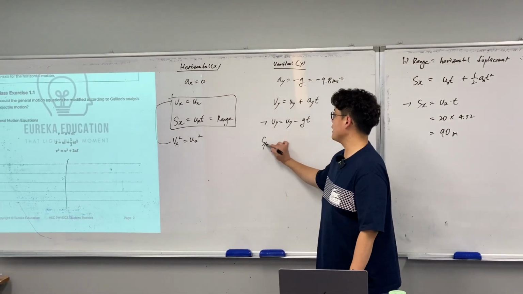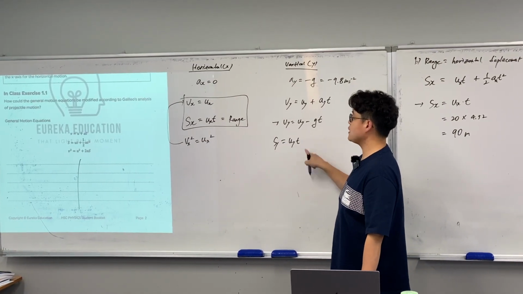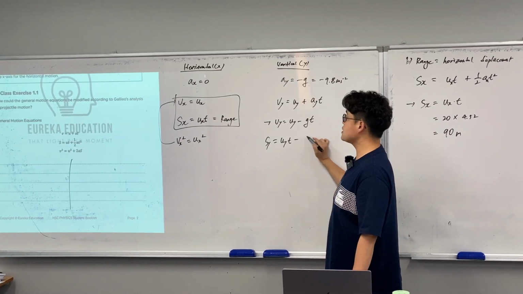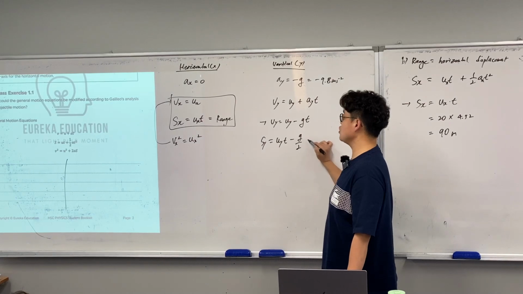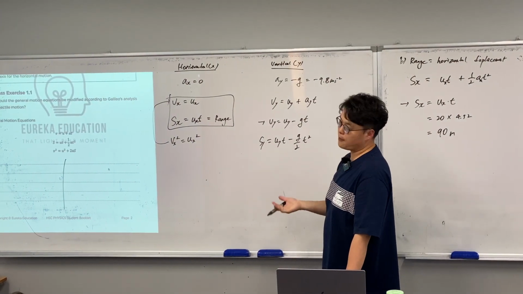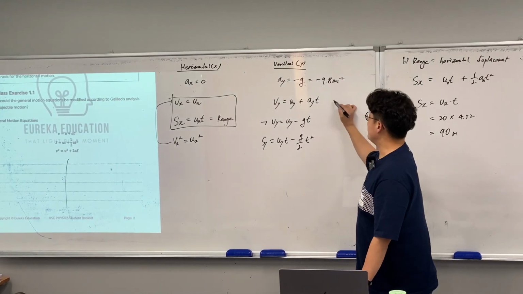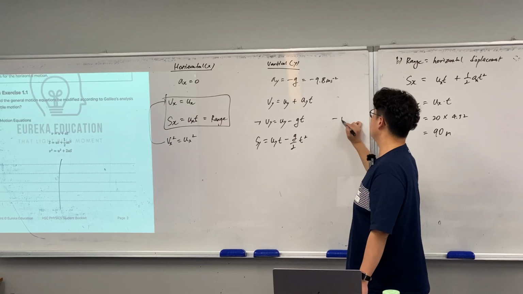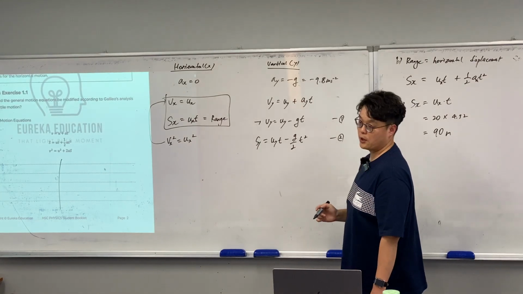Secondly, sy equals uyt. Now, let's substitute the minus g straight away in here. Then you'd get half times minus g over 2 t squared, or one half gt squared, it's the same thing. Okay, equation 1, equation 2.